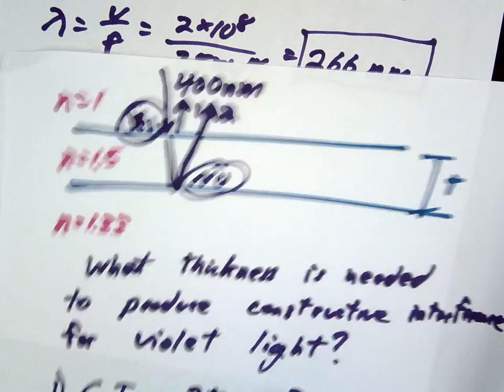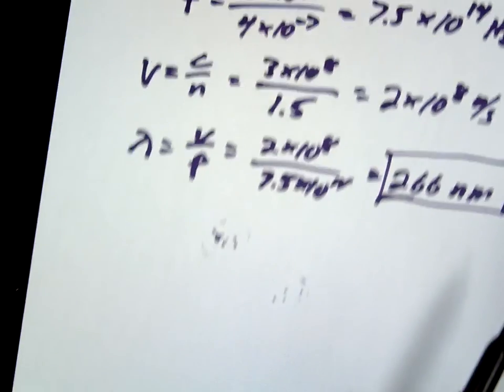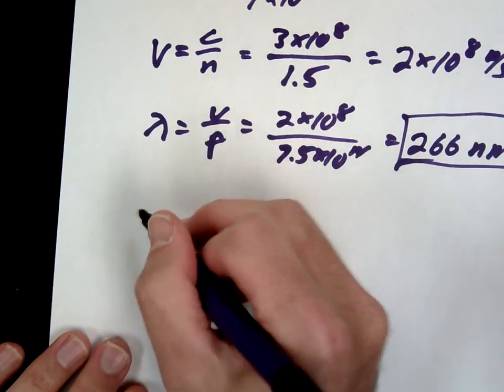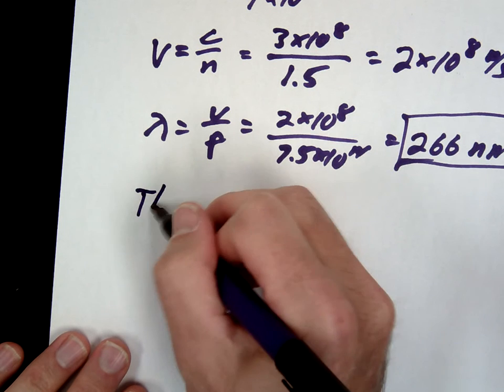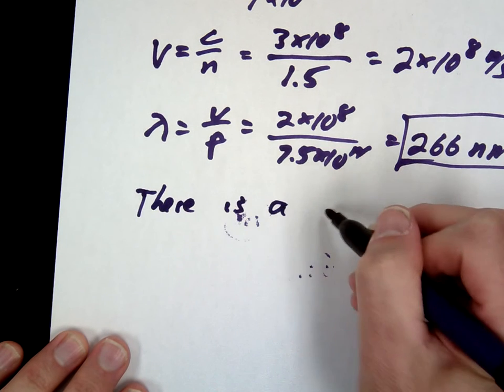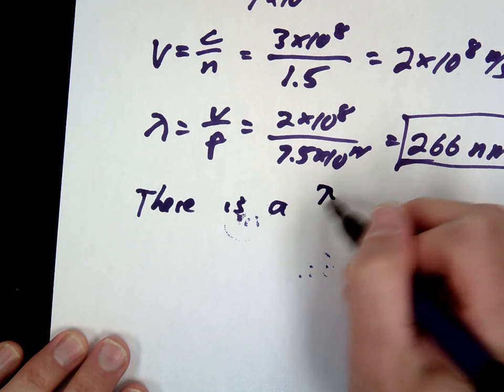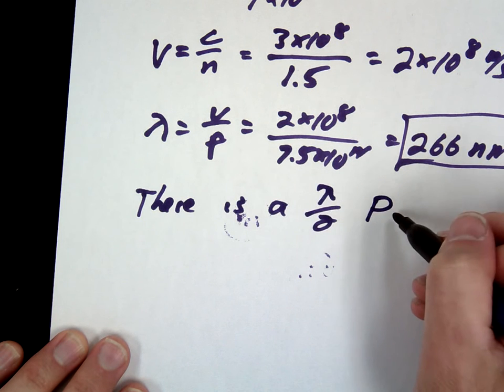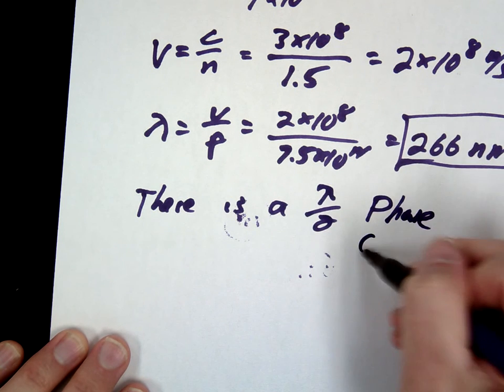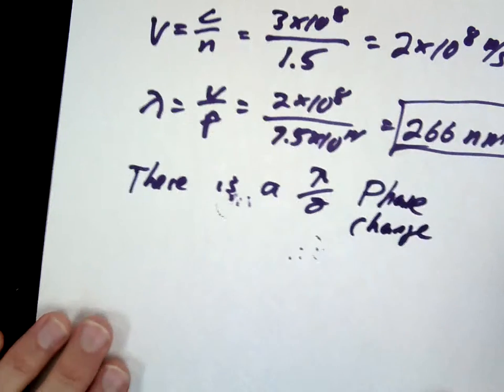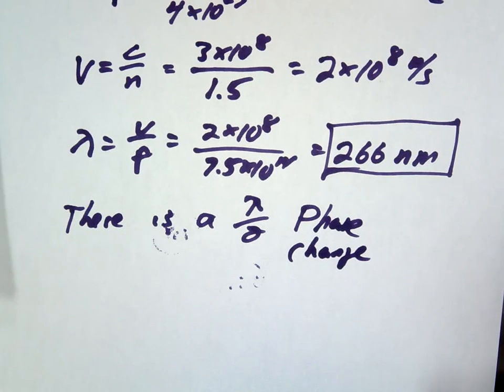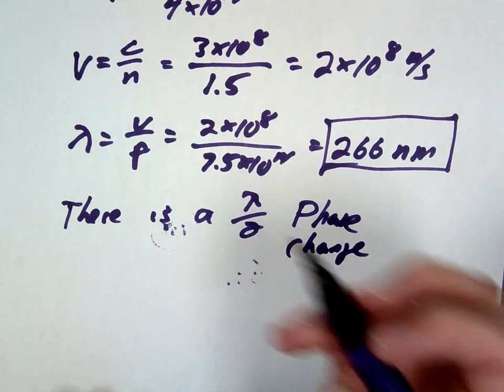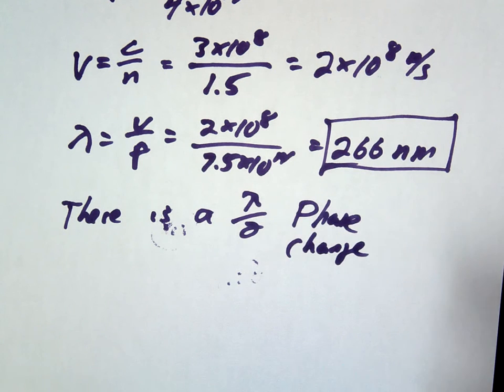Okay? So here's how we're going to take this into account when we actually do it. So we'll say there is a lambda over 2 phase change. Okay, so we measure this out. There's multiple ways to do it. The way I usually do it is this.